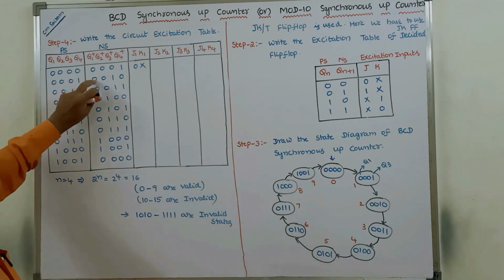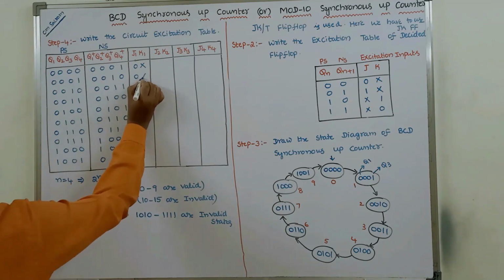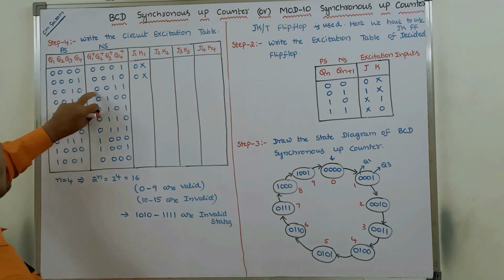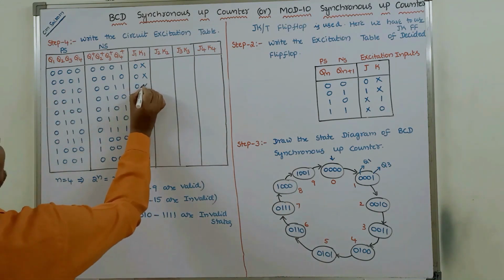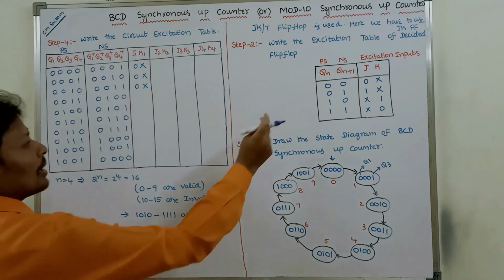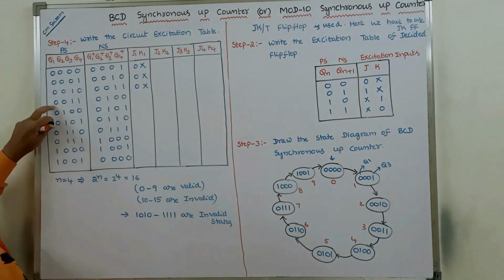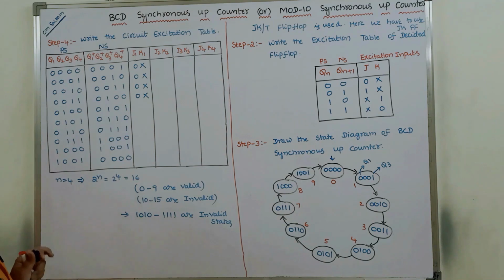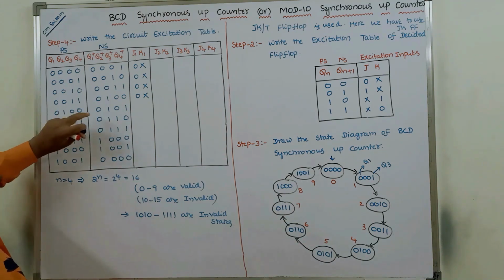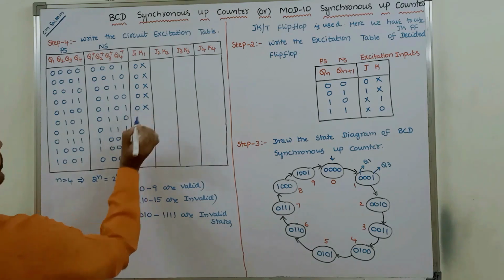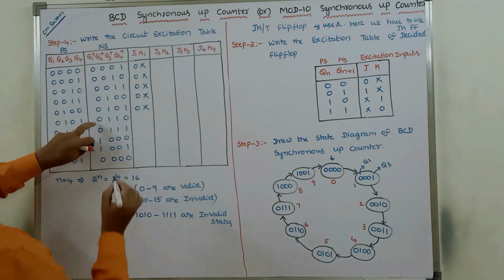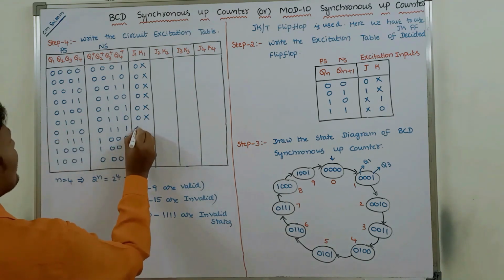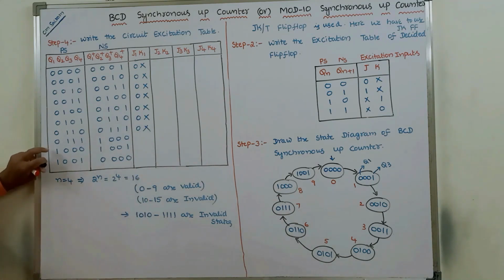Q1 value 0, Q1 plus value 0, so J1, K1 values are 0, don't care, and the same applies for each row with Q1 0 and Q1 plus 0.